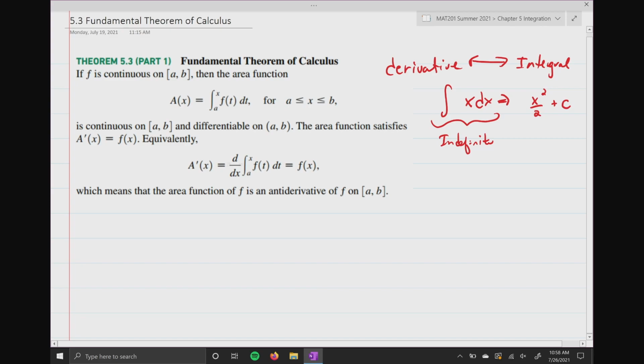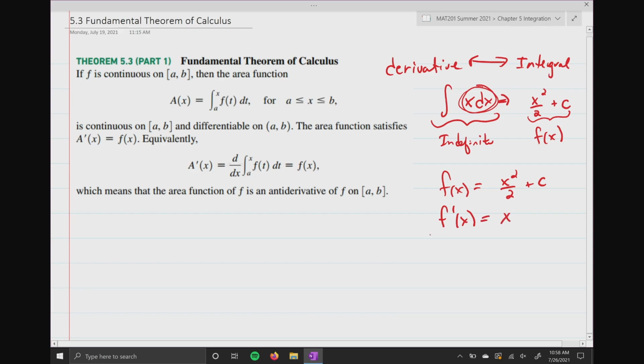But the idea is, if you take the antiderivative of x dx, you get this function right here, f of x equals x squared over 2 plus some constant c. If I were to take the derivative of this, notice that the derivative would be x, and the derivative of a constant is 0.